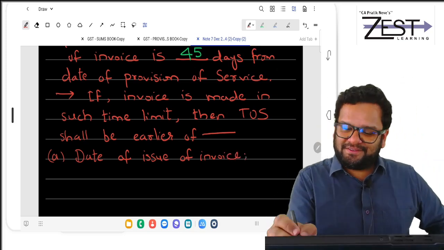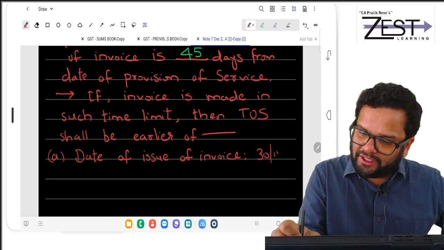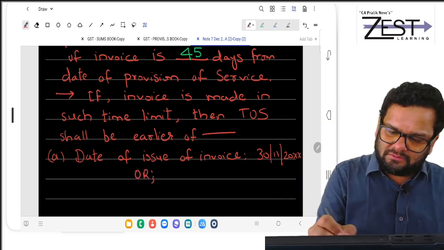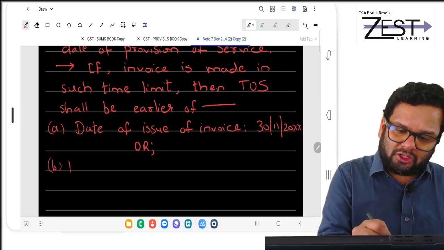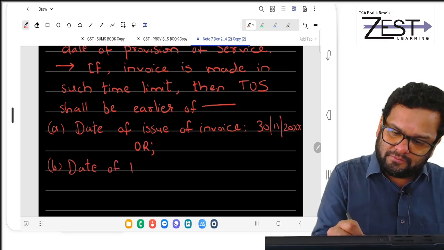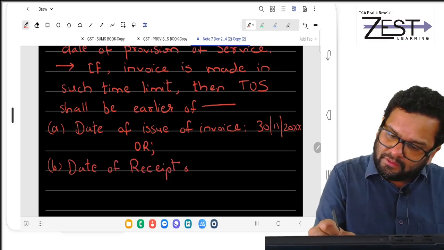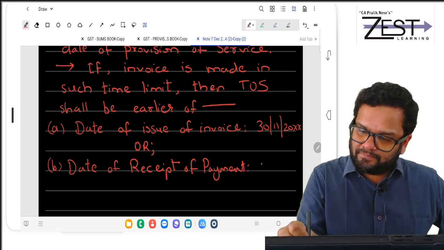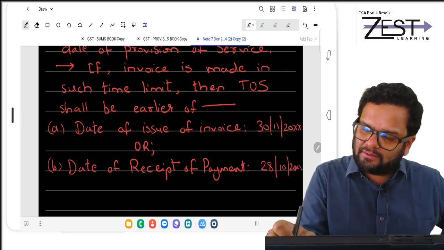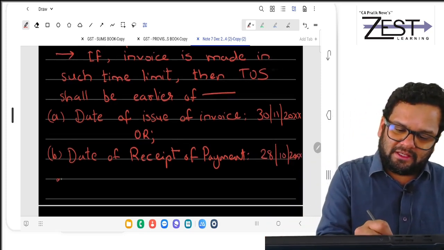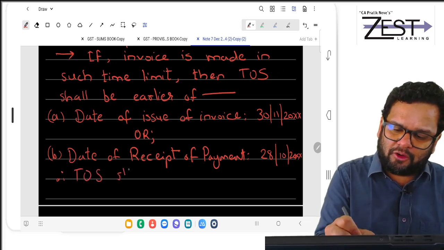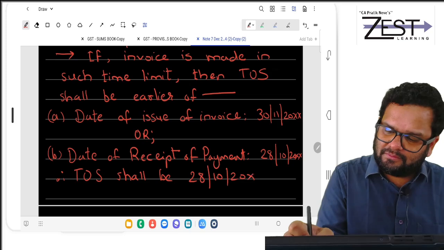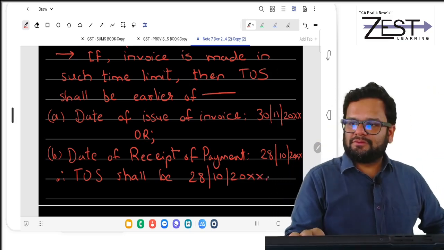In our example, it is 30/11. Or date of receipt of payment. In our example, it is 28/10. Therefore, time of supply shall be 28/10. So simple.